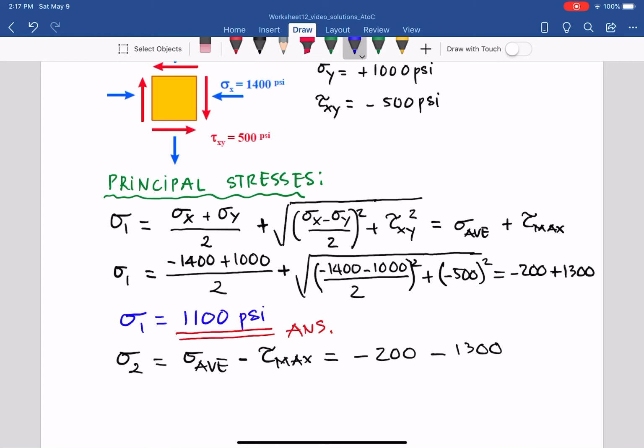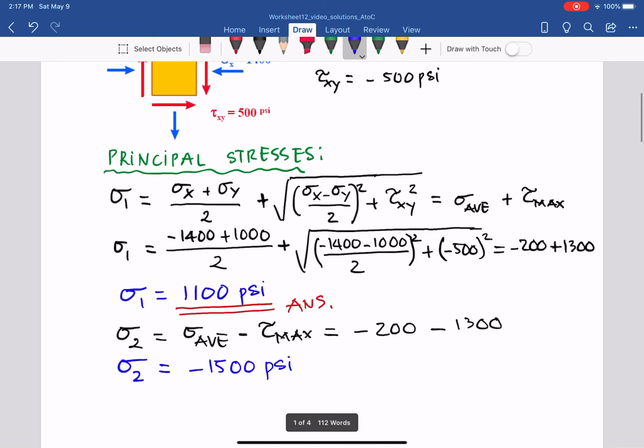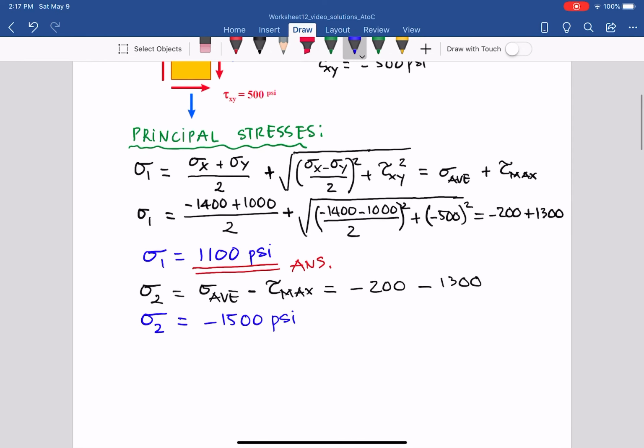So sigma 2 equals negative 7,800 psi, and that is also the answer for the second principal stress. And of course, for the principal stresses, the shear stress tau is equal to 0.